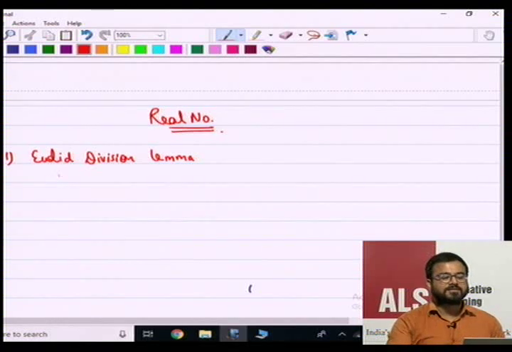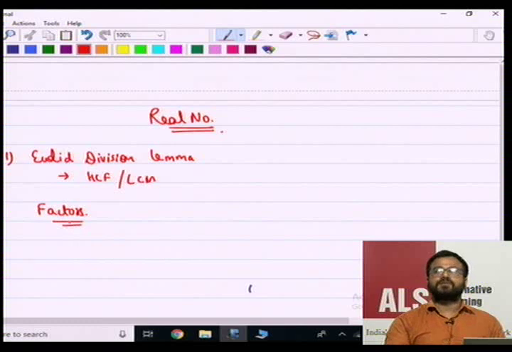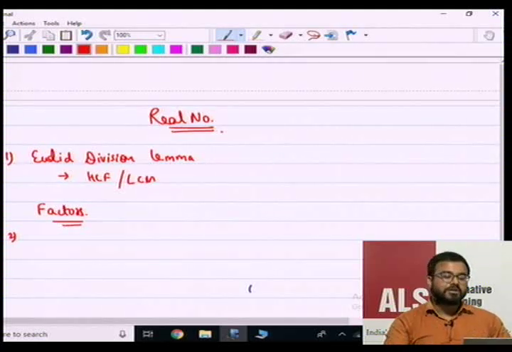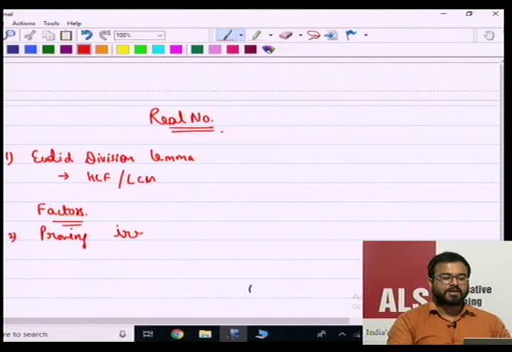We will study what this Euclid's division lemma is, and with it we will learn how to find the HCF and the LCM of numbers. The second thing we will study is about the factors, which is known as the fundamental principle of counting. In the 9th class you studied what rational and irrational numbers are. So in this one we will be proving irrational numbers, like we will prove that the given number is irrational.